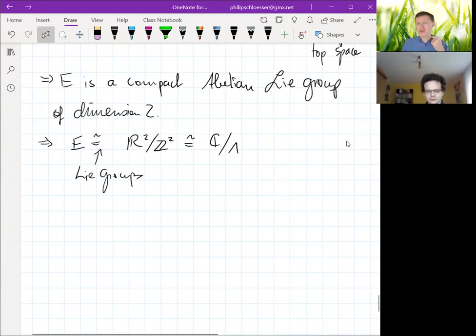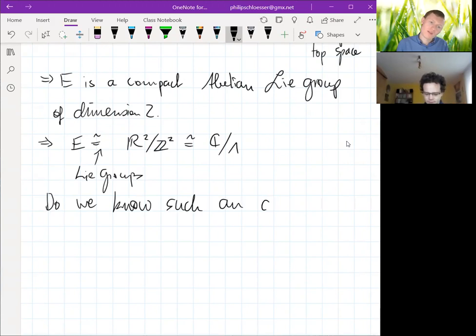Now the question is, have we maybe already found such an isomorphism? Do we know such an isomorphism? Maybe, perhaps.